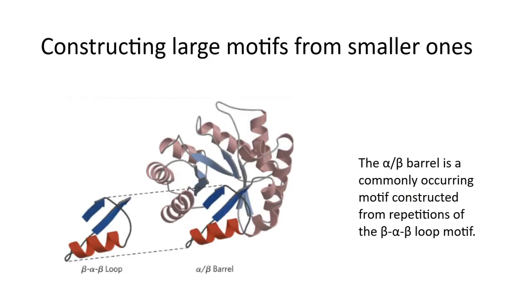And then within these motifs, you can have this alpha beta barrel, which is once again an example of a beta alpha beta loop that actually creates this barrel type of shape, and that's why it has this alpha beta barrel naming nomenclature.